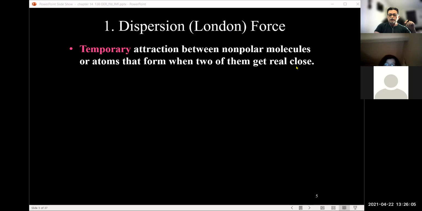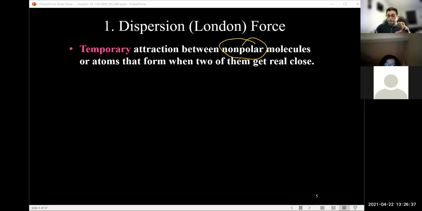All right, so let's talk about dispersion forces. These are temporary. And the important part is this. For any molecule that is nonpolar, okay, as soon as you look at the molecule and you recognize that it is a nonpolar species, then the only force that it deals with is the dispersion force, the London dispersion force.